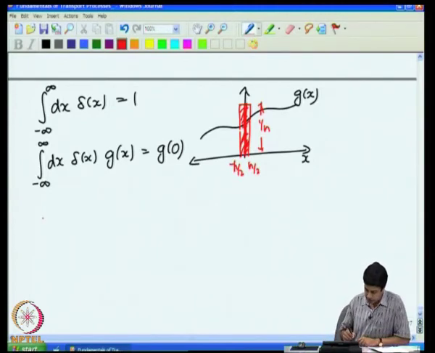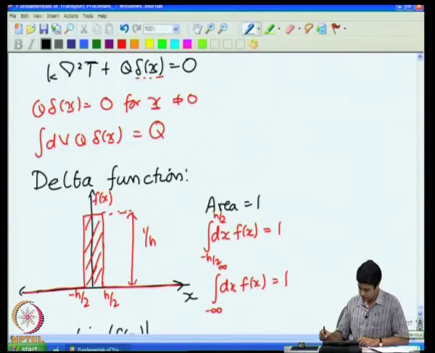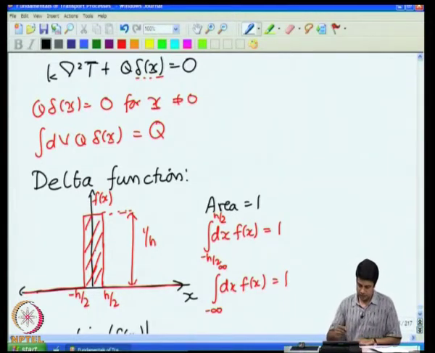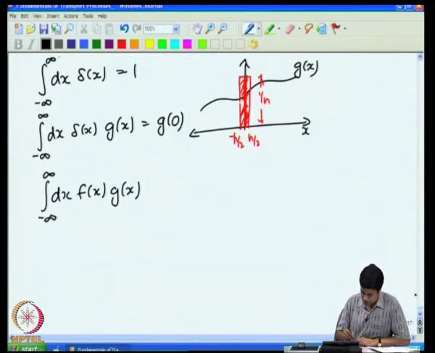So, this integral dx f of x g of x, where f of x was this function that I had there. I multiply that by delta of x and take the limit. This is going to be equal to, since f of x is non-zero only between minus h by 2 and plus h by 2, the integral from minus h by 2 to plus h by 2 dx.